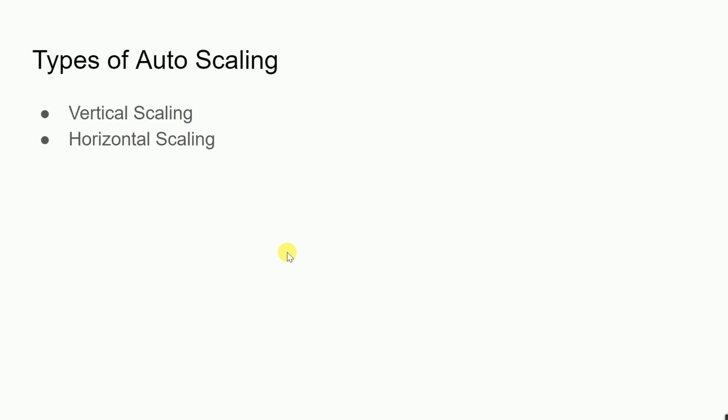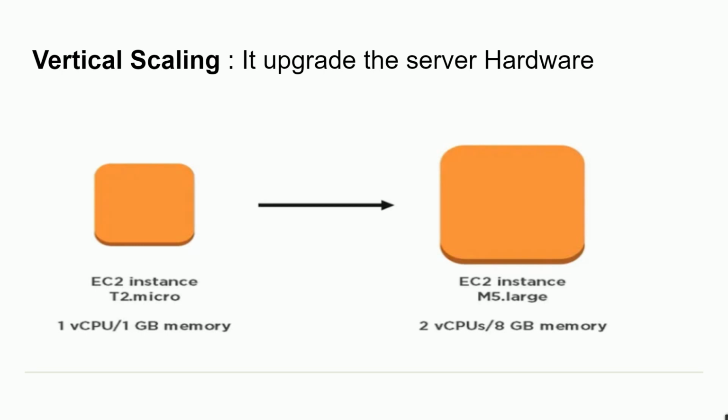There are two types of auto scaling. When you appear for an interview, and if you mention auto scaling in your resume, then most interviewers ask what is auto scaling, the types of auto scaling, and what is the difference between vertical and horizontal. Vertical scaling upgrades the existing server hardware.